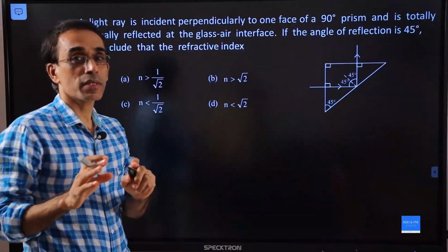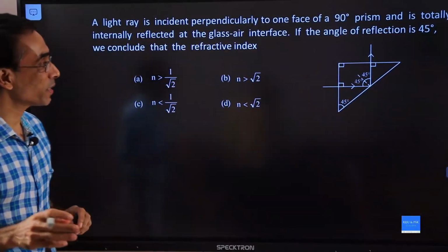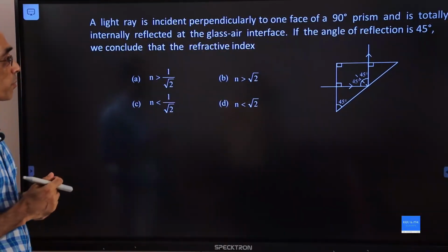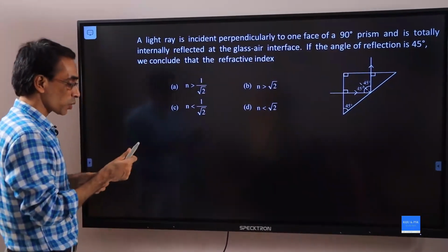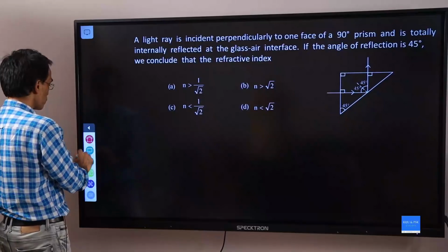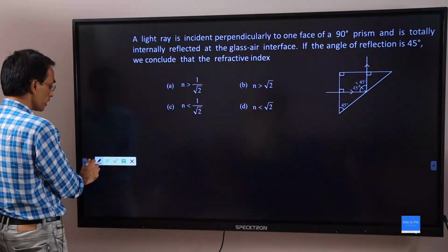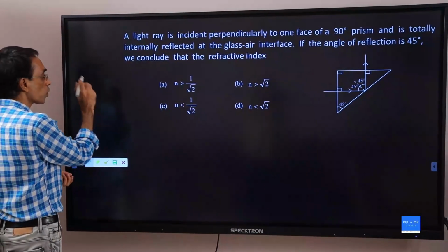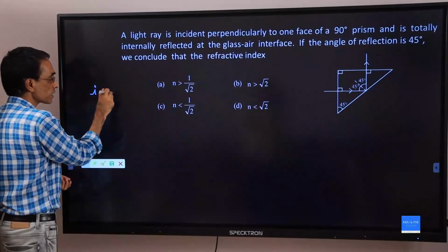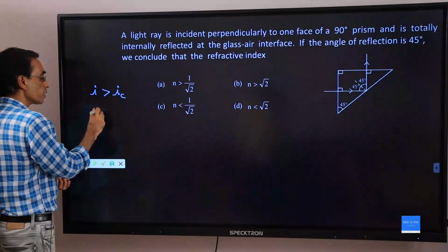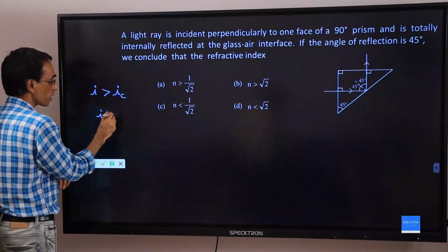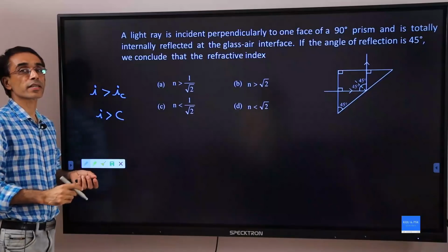This concept has come for board examination as well as entrance examination. This is about total internal reflection, and for total internal reflection we should know the basic idea that total internal reflection is possible only when angle of incidence is greater than the critical angle. Instead of writing IC, you can write I greater than C, where C is the critical angle.